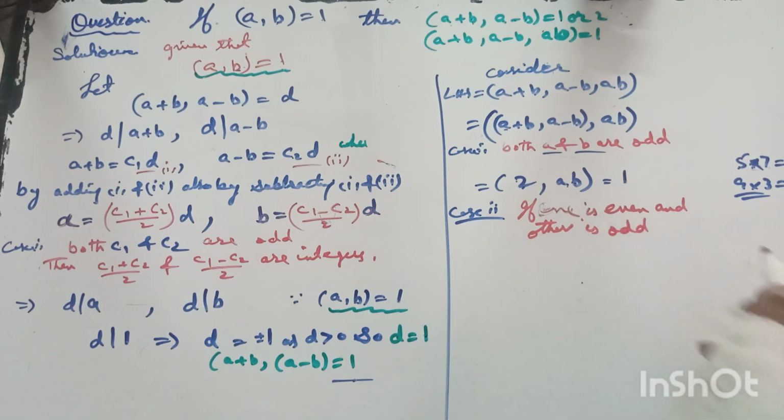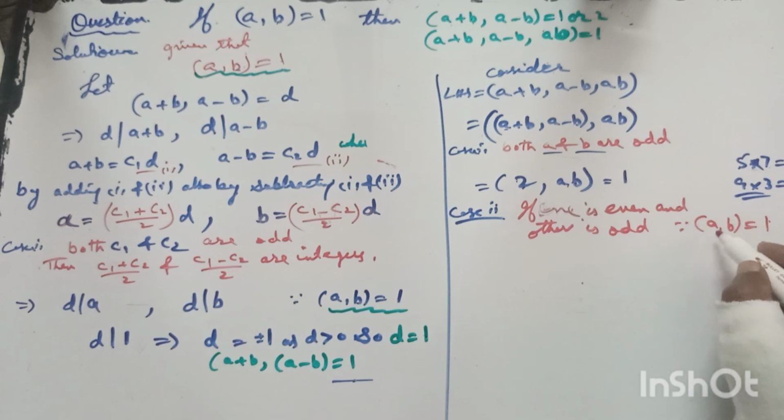Why? Because A and B are relatively prime, the greatest common divisor of A and B is 1. It is given that. Then the next case is, one case was both odd, now one is even and the other is odd, just like that.